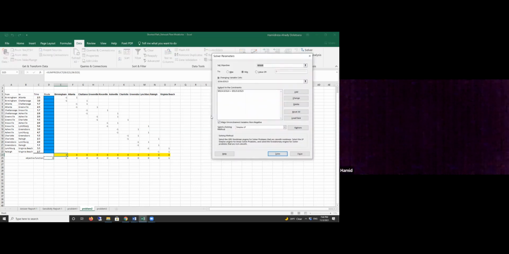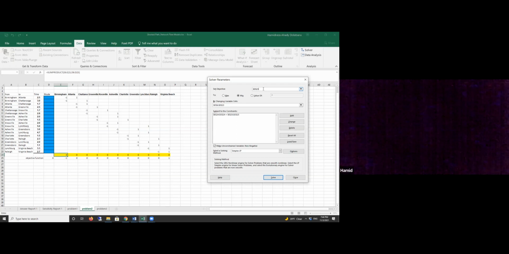Let's go to the solver. So still the objective function is the same. Minimization. Basically my decision variables are just the blue cells, and the yellow cells and the next row are exactly equal.